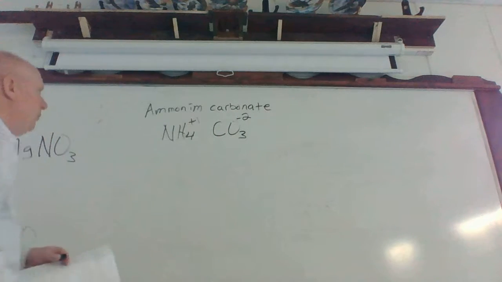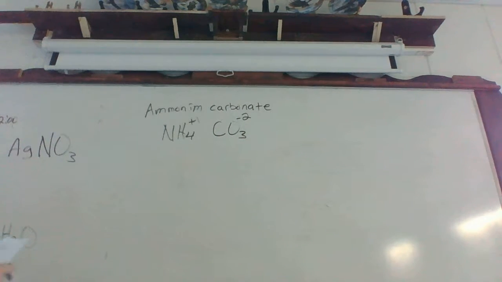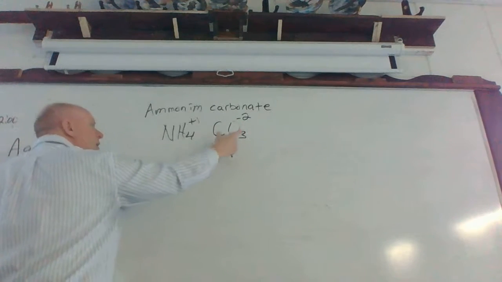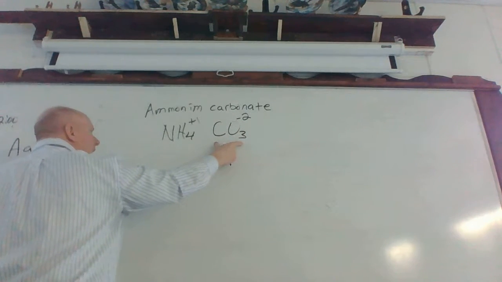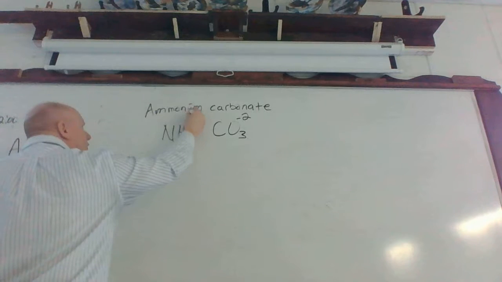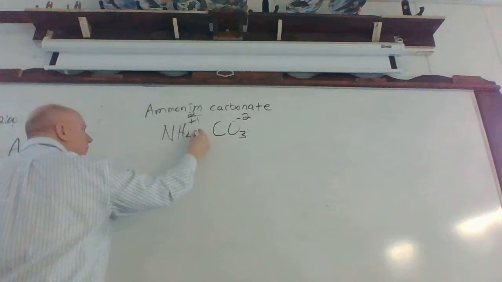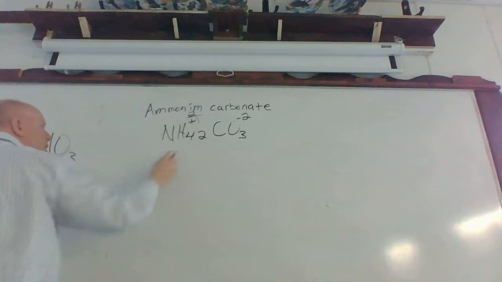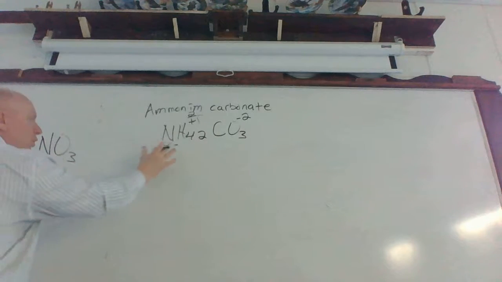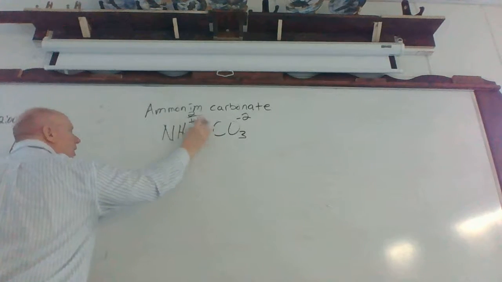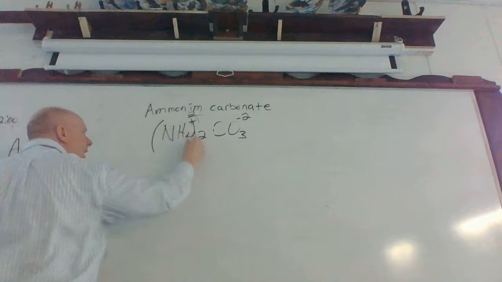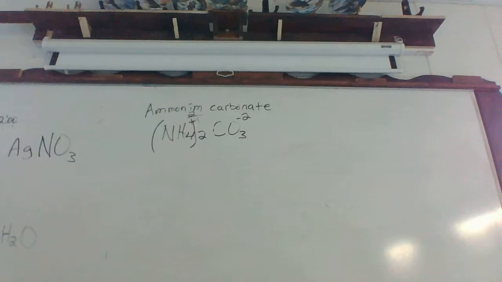The least common multiple between them is 2. 2 divided by 2 gives us 1. 2 divided by 1 gives us 2. But we don't want 2 hydrogens, we want 2 ammonium ions. So to make that 2 ammonium ions, we put that in parentheses.